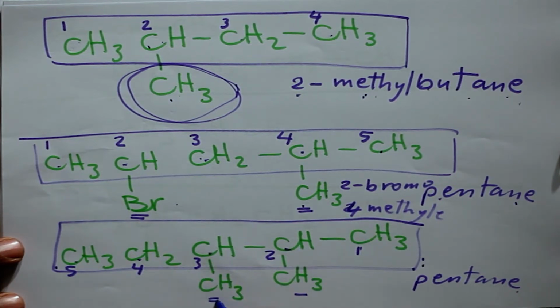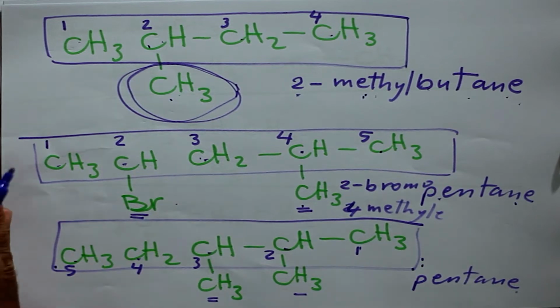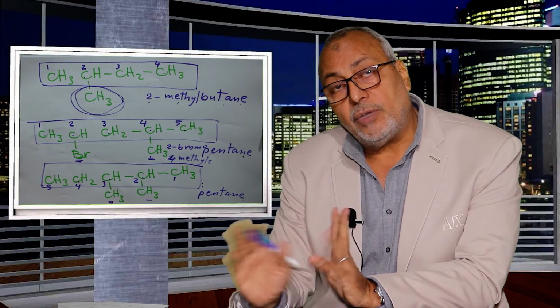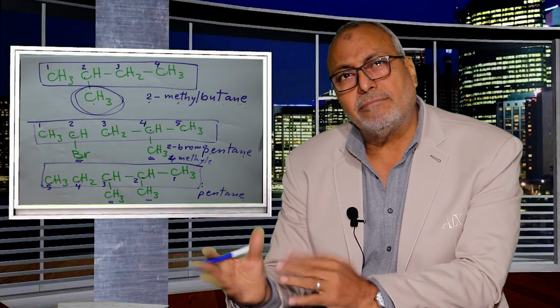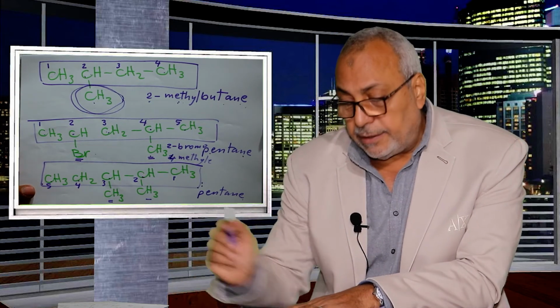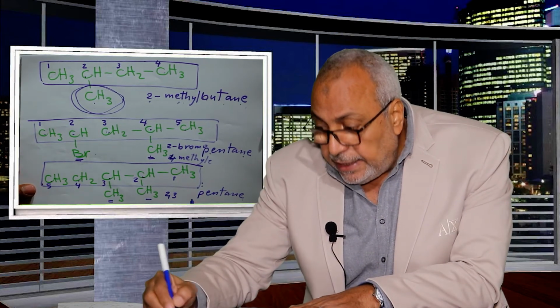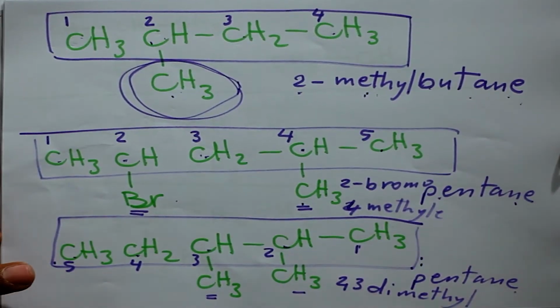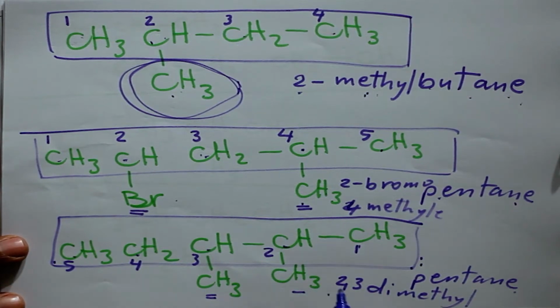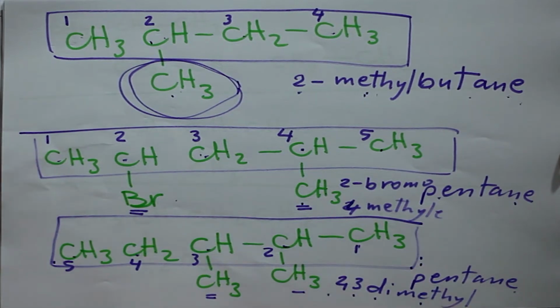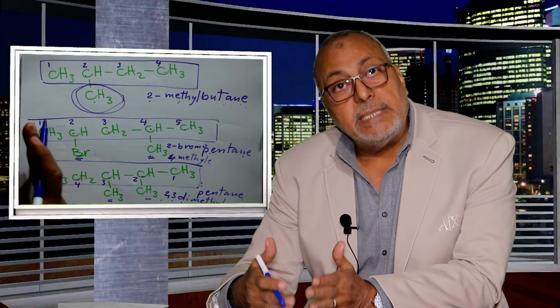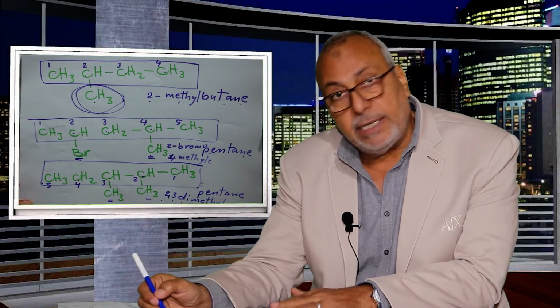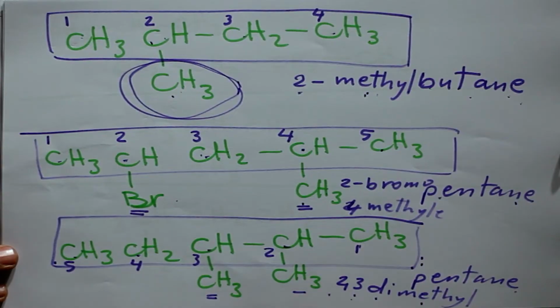At carbon number 3, methyl. 2 methyl, 3 methyl: they are similar, so we can't write it that way. Instead we write 2, 3 dimethyl because they are similar. It means at carbon number 2 methyl, at carbon number 3 methyl. So it is written 2, 3 dimethyl pentane.